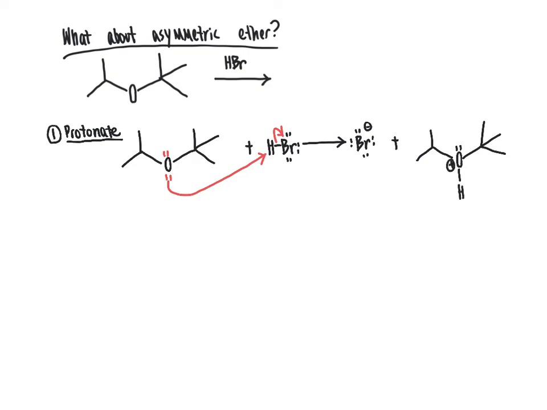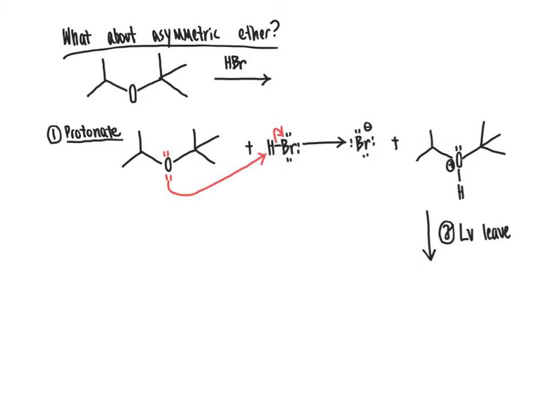And now in step 2 of the mechanism, which I'm going to carry on with right here just to abbreviate things a bit, we're going to have the leaving group leave. We have 2 options. One option is that we could break the carbon-oxygen bond here to create a carbocation right at this position that I'm circling.